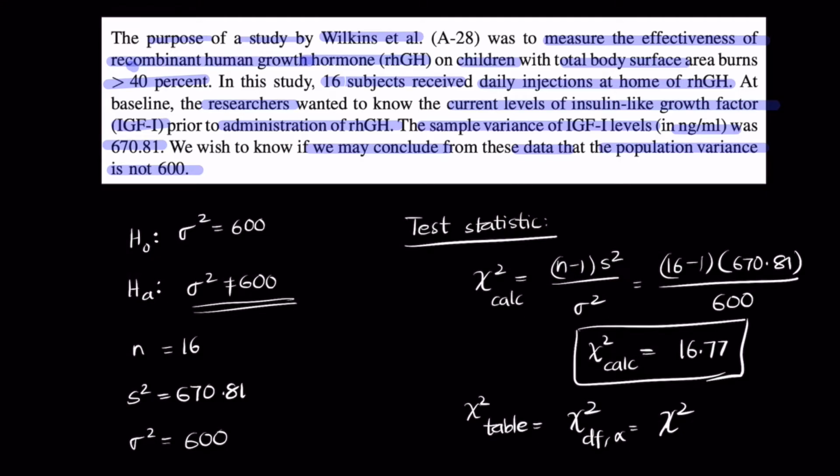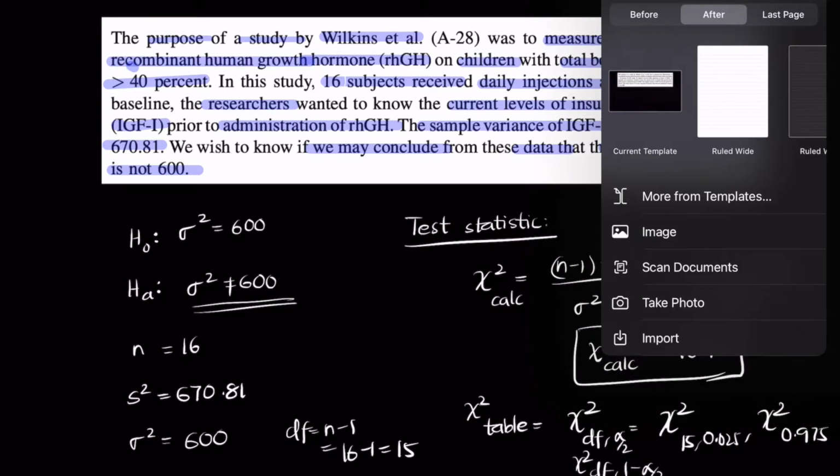So we have to take two values here. We know that df is n minus 1, which is 16 minus 1, which is 15. So we need 15 comma alpha by 2, and we also need the upper bound value, which can be written as chi-square df comma 1 minus alpha by 2. So 0.025 and 0.975.